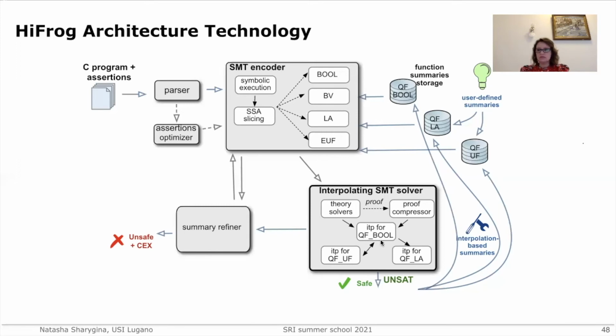The system starts from bootstrapping. It verifies the system against the given property, and if the property is satisfied, then we are going to generate a bunch of summaries for all functions which are present in the system, and they're going to be stored in our storage of function summaries. And in addition, you actually can see that not only can we automatically compute summaries, but we can also define some user-defined summaries.